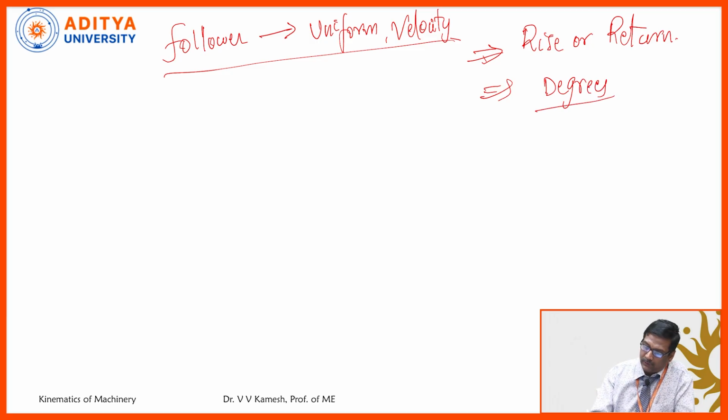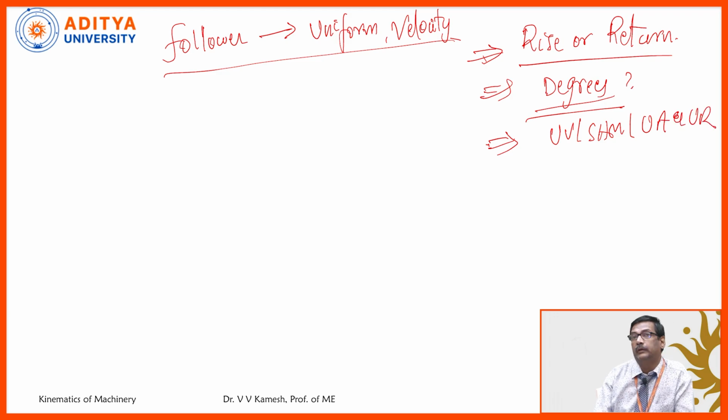These two things are most important, and the third one is already known to us: uniform velocity, SHM, or uniform acceleration and uniform retardation. We are considering uniform velocity, so this part is okay. Rise or return, and how many degrees?